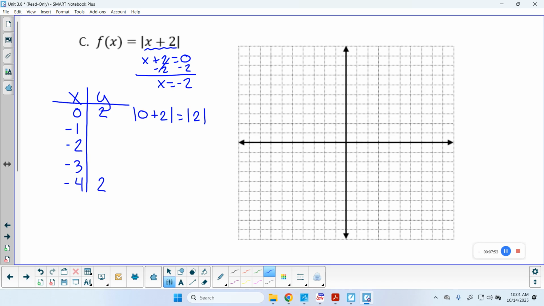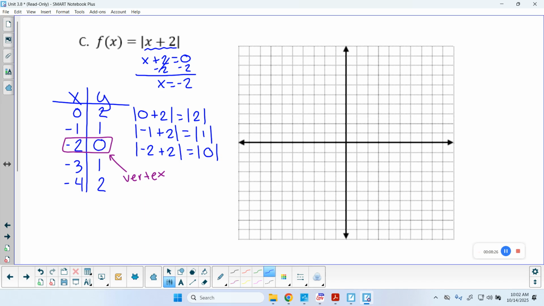If we plug in -1, absolute value of -1 plus 2 gives us the absolute value of 1, which is +1, which means for -3, the y value is also +1. If we plug in -2, absolute value of -2 plus 2 gives us the absolute value of 0, so that y value is 0. Just like on all the others, this middle ordered pair, that is our vertex.